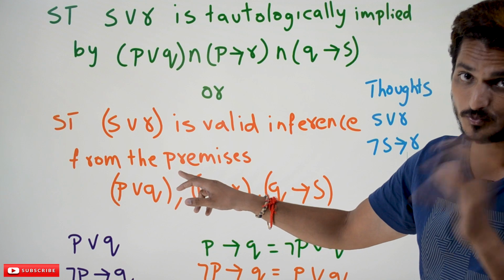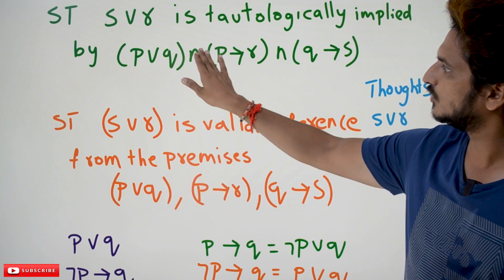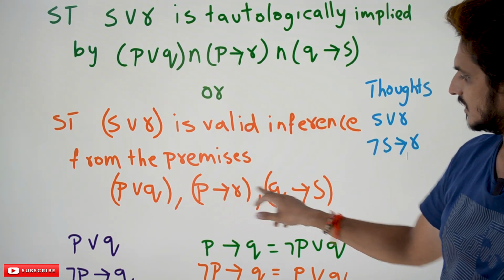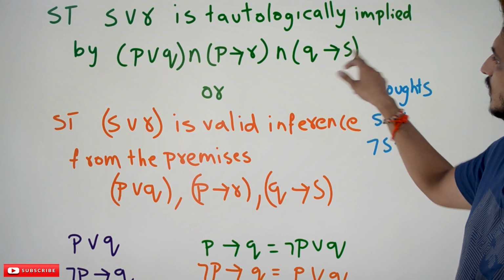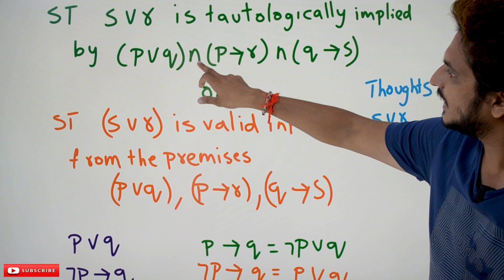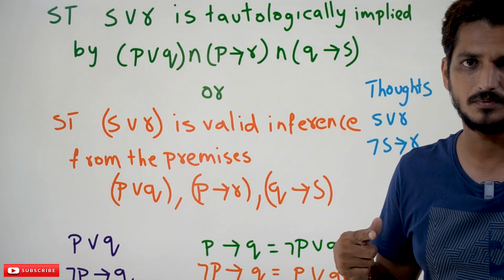They have provided a few propositions. What are those propositions? P disjunction Q, they removed the conjunction, and P implies R, same as a comma. The next proposition is Q implies S. Yes, placing conjunction in between these propositions is not a problem.